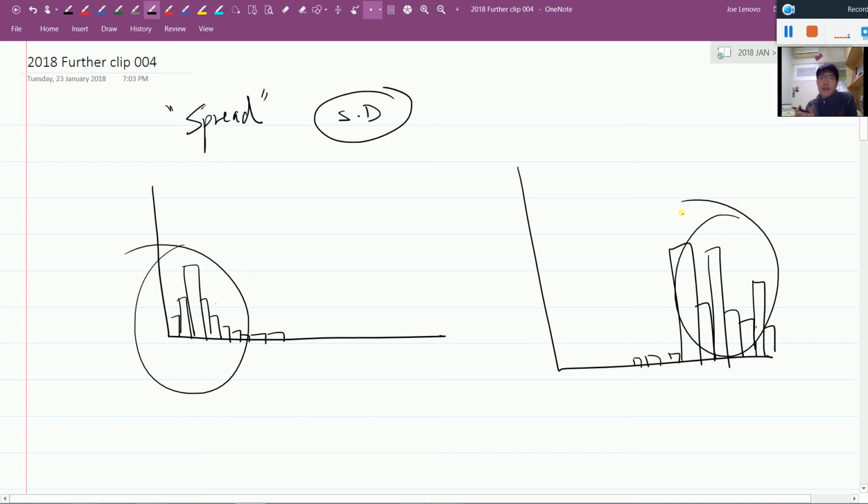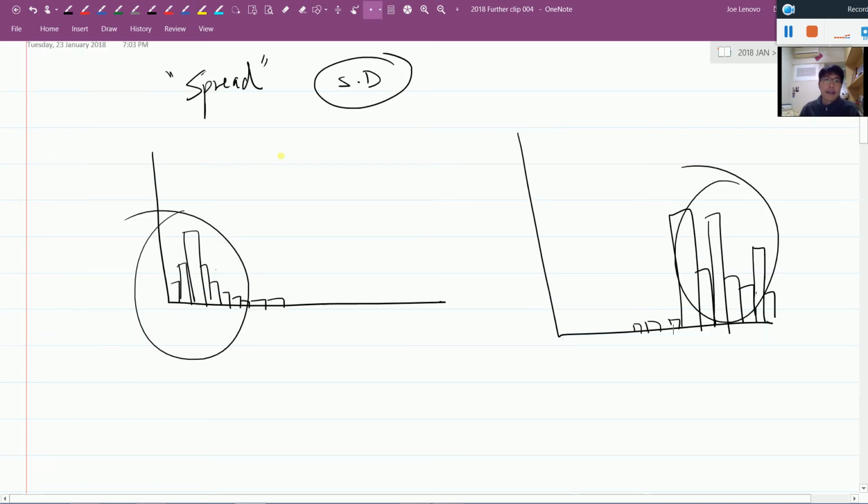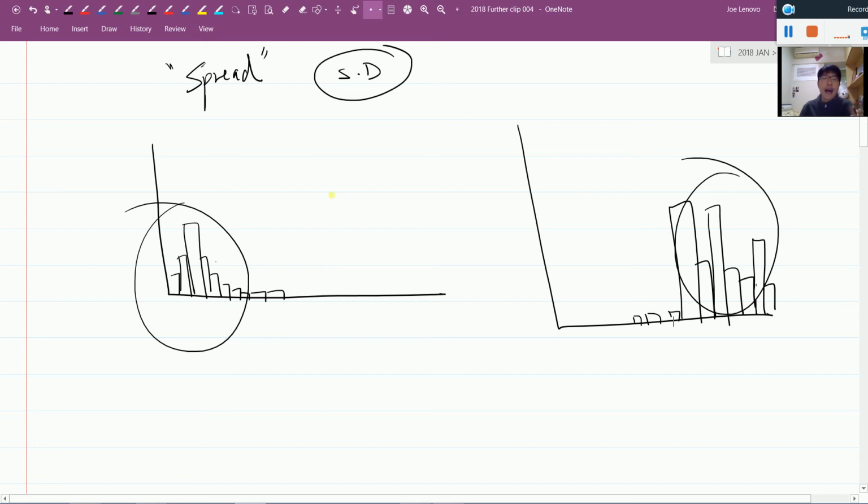So the standard deviation is basically showing us how those numbers spread, and together with the center of the data, it gives us a bit more information about the data collected. And we can imagine sometimes the graph may be spreading in different patterns.